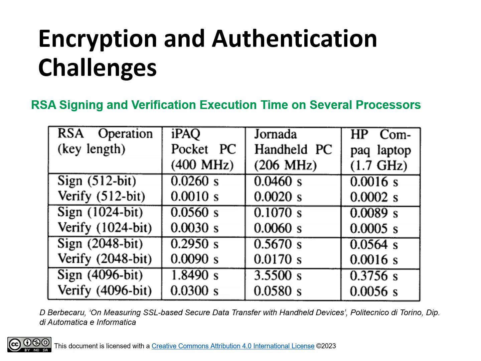Most IEDs have processors with very limited resources and processing power compared to processors in this table. As a result of this, Goose and SMV are not protected by any encryption or authentication mechanism. Several researchers studied other authentication mechanisms, such as HMAC, to authenticate Goose messages.